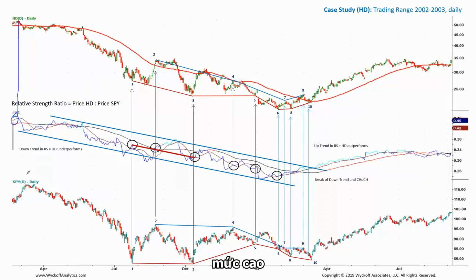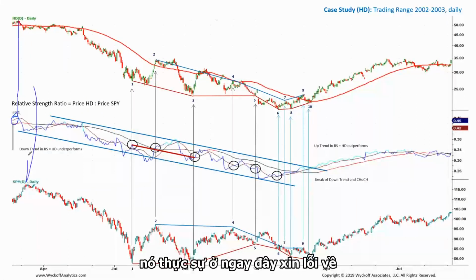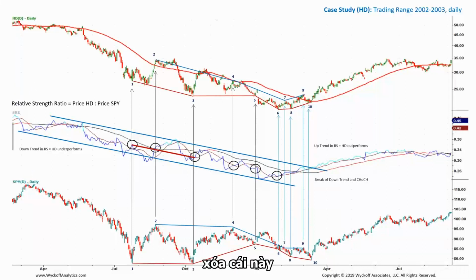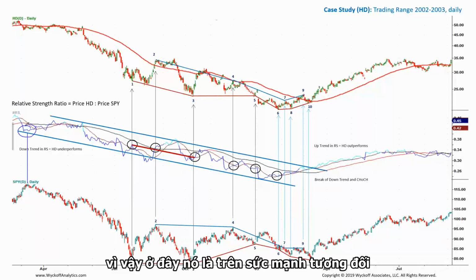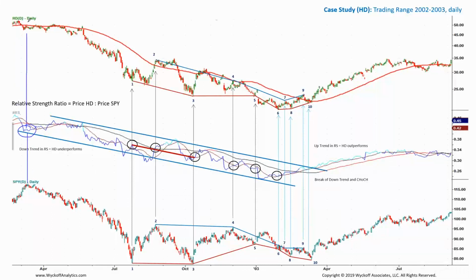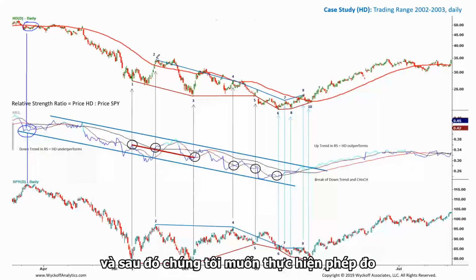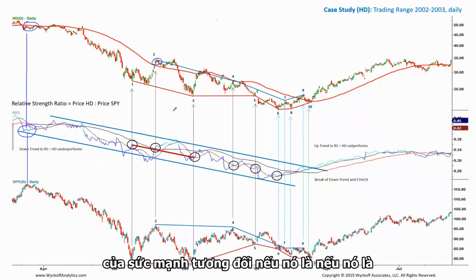One of the things that we could do here to help us out is, as we synchronize the high, it's actually right here. Sorry about that. So it's here. Let me just erase this. So here it is on the relative strength. Here it is on Home Depot. And then we want to take the measurement of relative strength.